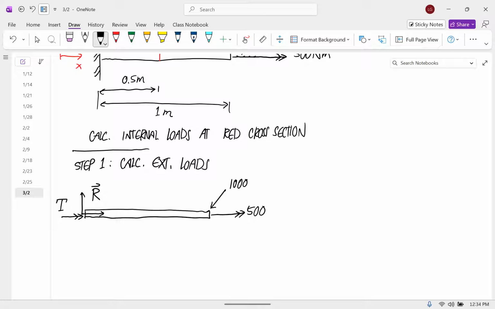But this 1,000 also is trying to make it rotate this way. So we also need a reaction couple to keep that from happening. And so I'm going to put that in like this. This is another component of couple, and I'm going to call that MR. That's my reaction moment. I guess I'll call this torque R for reaction torque.